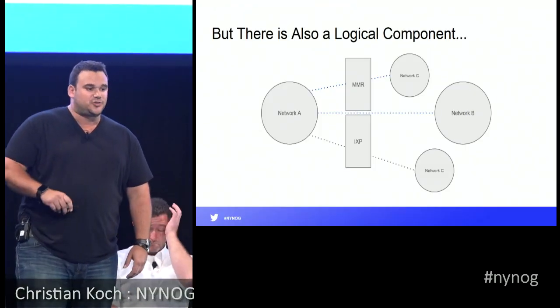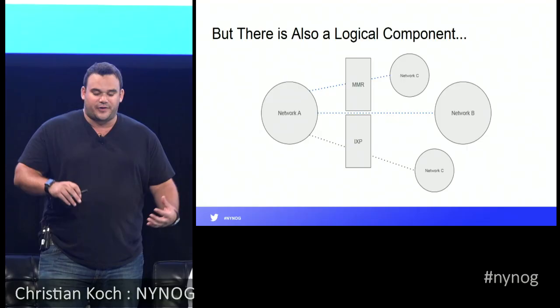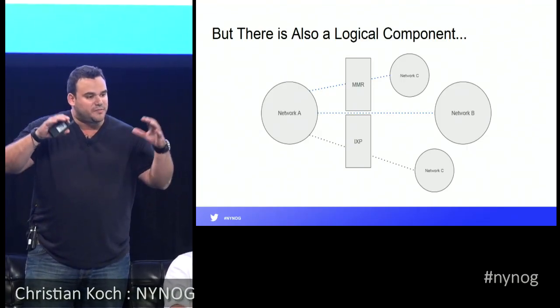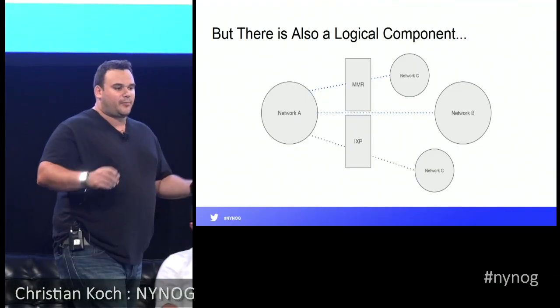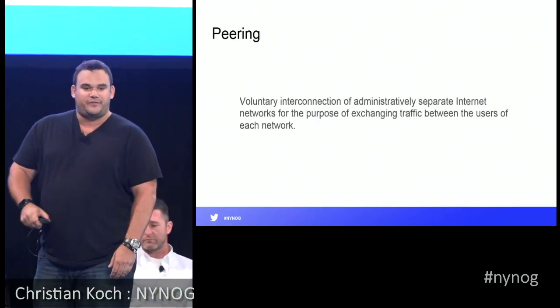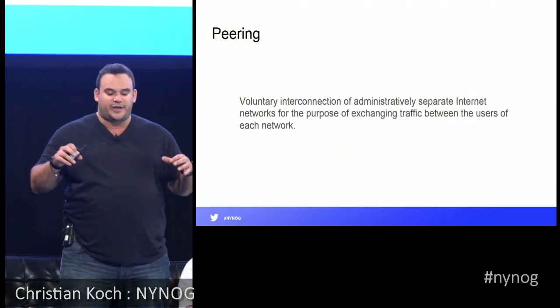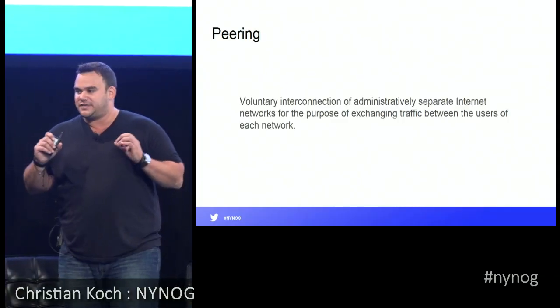But there's also a logical component, and that's also a piece of interconnection, and it's what peering is, and it's what meet-me rooms are, and the whole fabric that everybody connects to each other through. So peering, if you don't know what peering is, is voluntary interconnection of two different networks, specifically for the purpose of exchanging traffic.